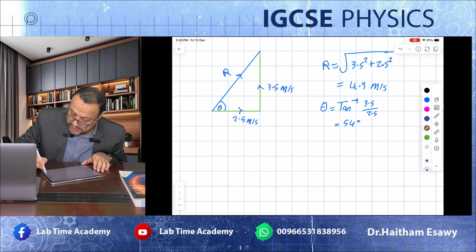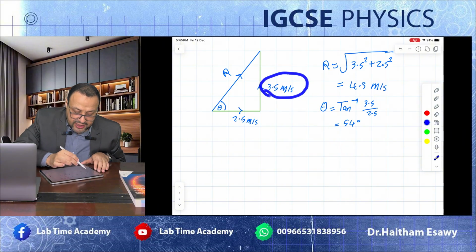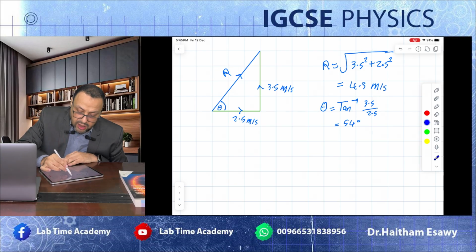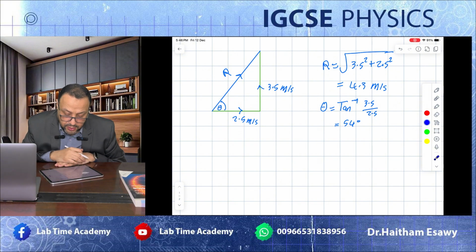So we have 2.5 meter per second and we have 3.5 meter per second. After that, I'll start to draw to get the resultant R. How can I get it? R, which is the hypotenuse, equals the square root of 3.5 squared plus 2.5 squared. It will be 4.3 meter per second. The same result we obtained in the last part.